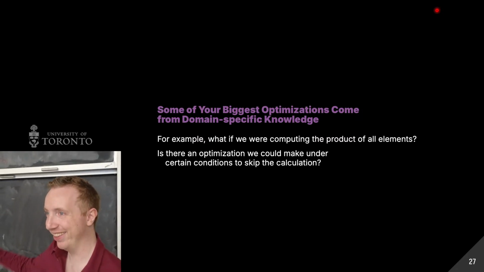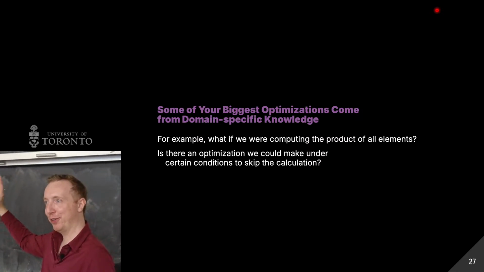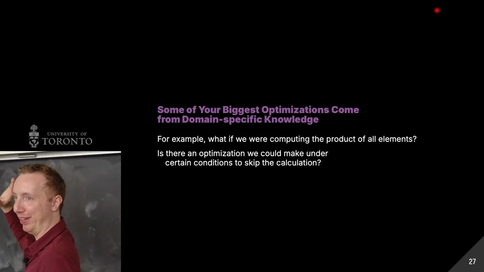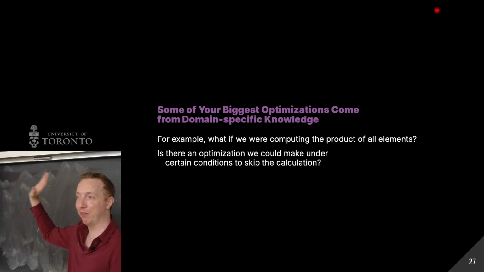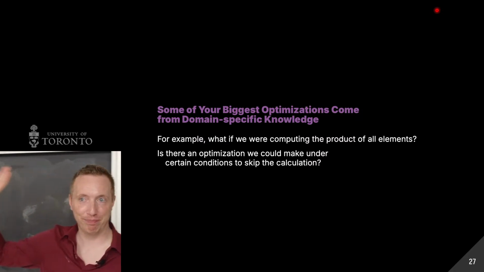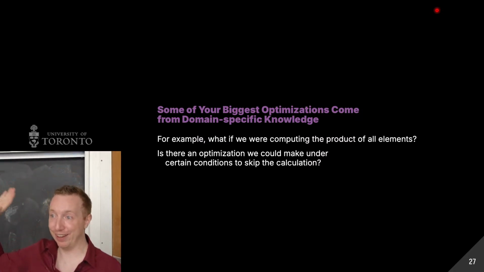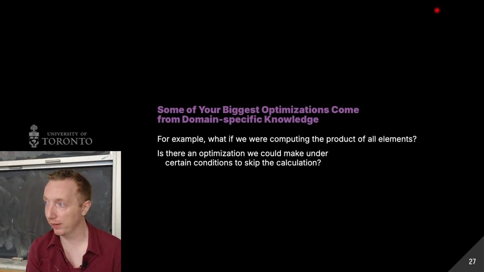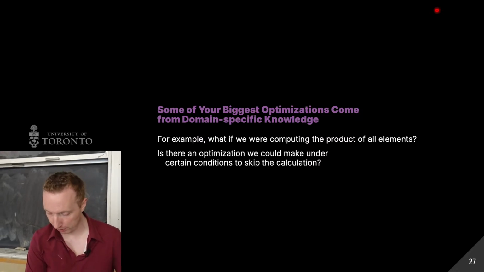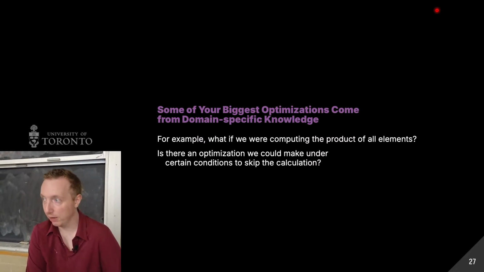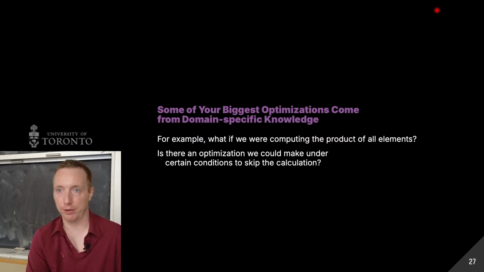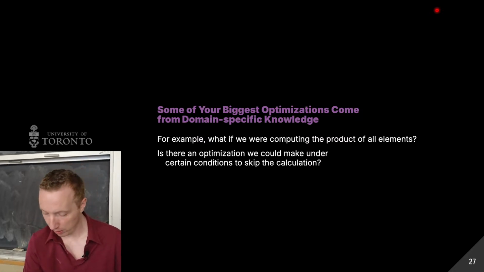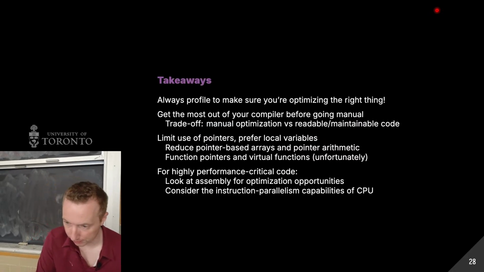That is a lot harder to teach because, again, it depends on your specific problem. So there's nothing I can say other than you have to also understand the problem you are trying to solve, because that is the other half of the performance equation. That is why we have labs where we get you to do things. So it's important to understand what it's actually trying to do here.